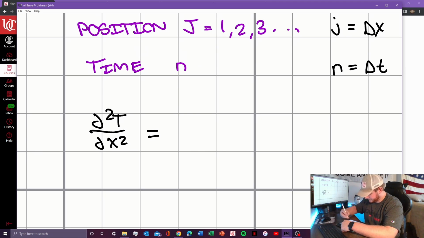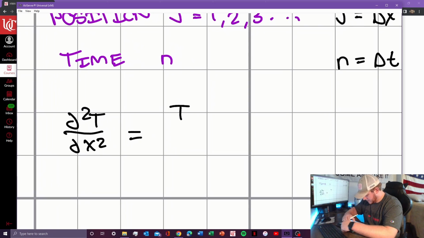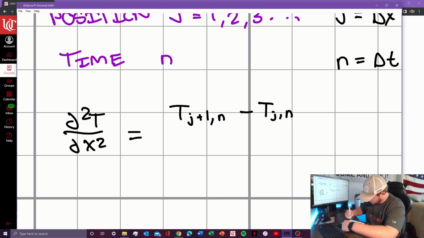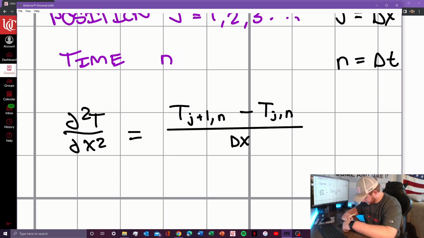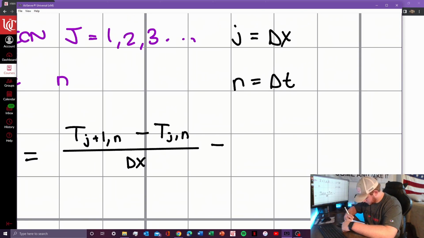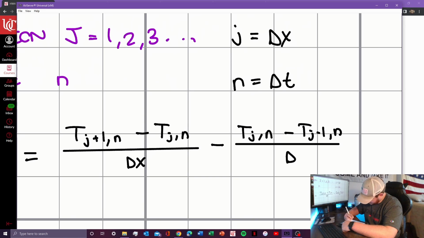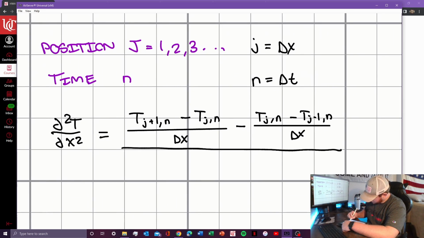The temperature at J plus 1, minus the temperature at J, all over dx, minus the temperature at J, n, minus the temperature at J minus 1, n, over dx, and then all of this is over dx.